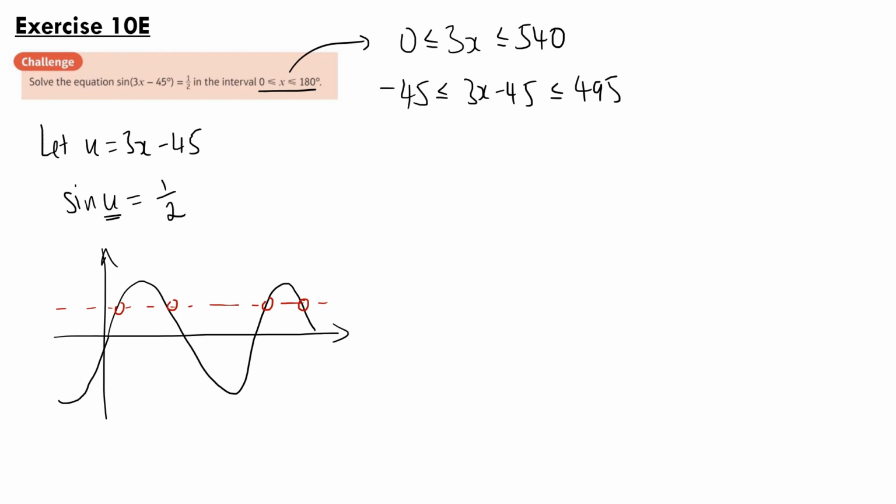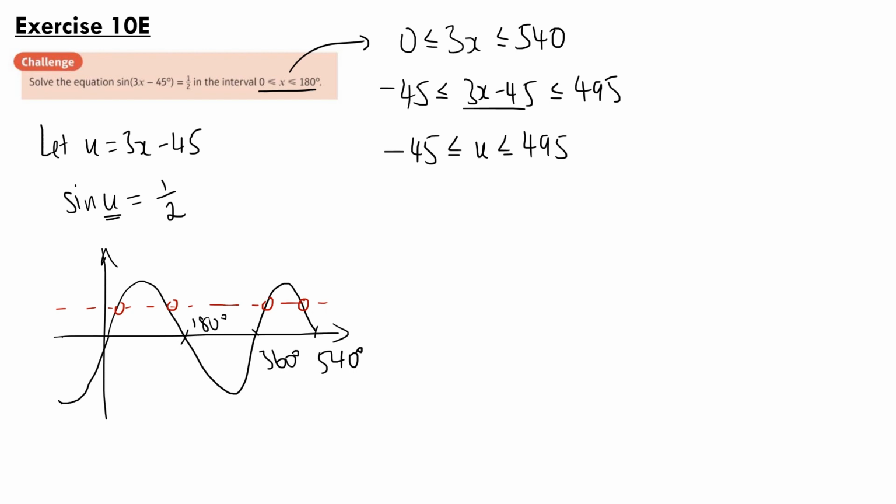And then we can replace this by u. So we have minus 45 is less than or equal to u is less than or equal to 495. And we can see from this diagram here it's 180 degrees, here's 360 degrees, and here is 540 degrees.